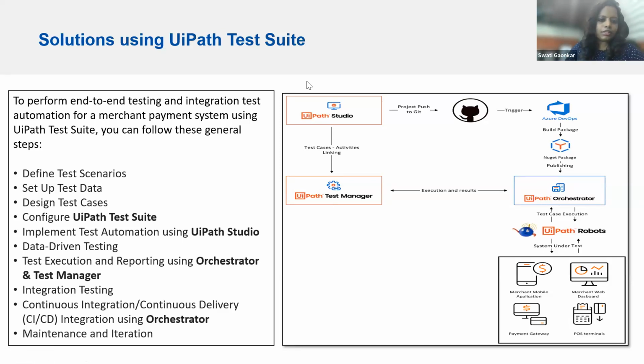Okay, so this is the end-to-end testing which is there. Apart from that, you can see here the building blocks, how it is getting connected: the UiPath Test Manager, Studio, Orchestrator, and the robots. So how the activities are getting linked, you can use GitHub and trigger the DevOps.